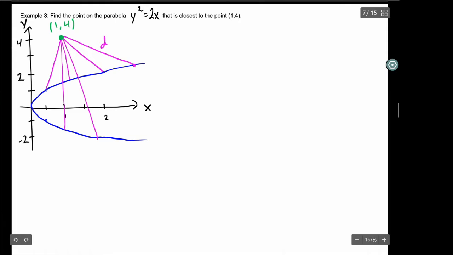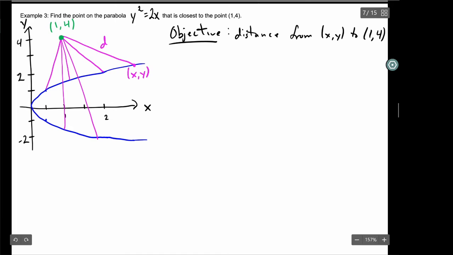I'm going to leave this point on the parabola as an unspecified (x, y). So my objective function is just to minimize the distance from (x, y) to (1, 4).